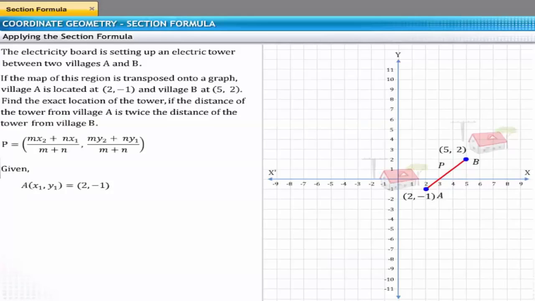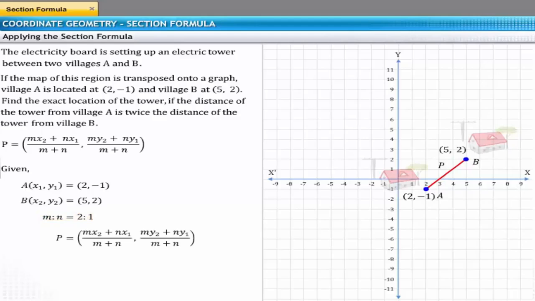According to the problem, coordinates of village A, x1, y1 is equal to 2, -1. Coordinates of village B, x2, y2 is equal to 5, 2. The ratio of the distances of the tower from villages A and B, or m:n equals 2:1.